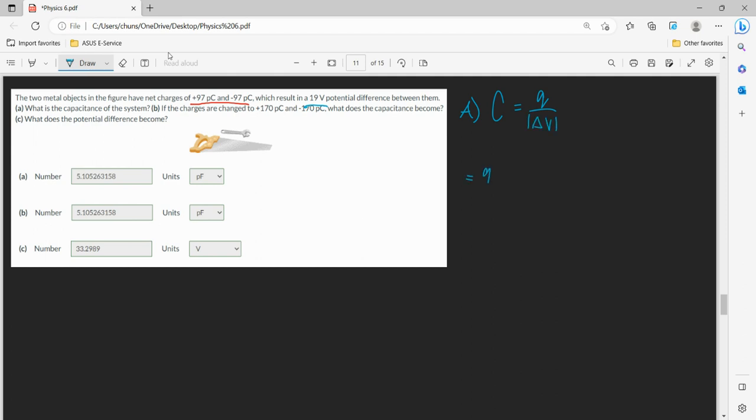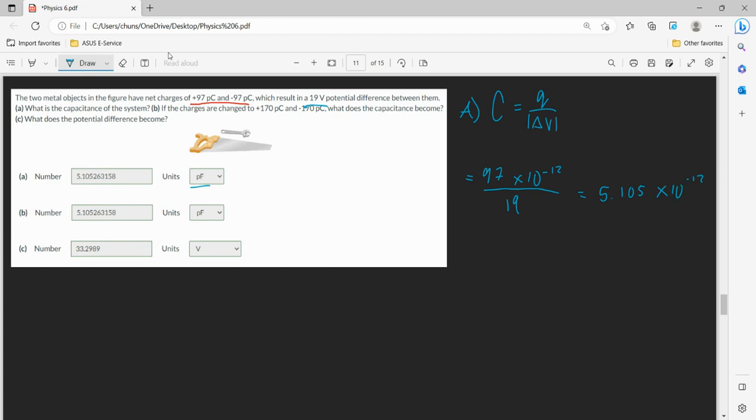So let's do 97 times 10 to the negative 12 coulombs. And this is over our 19. And this is equal to, so that's 97 divided by 19 times 10 to the negative 12.